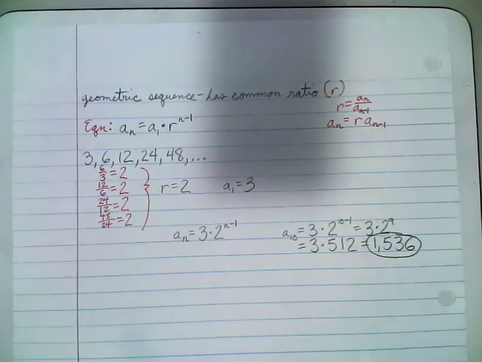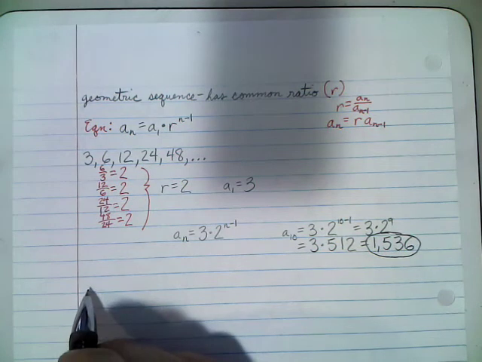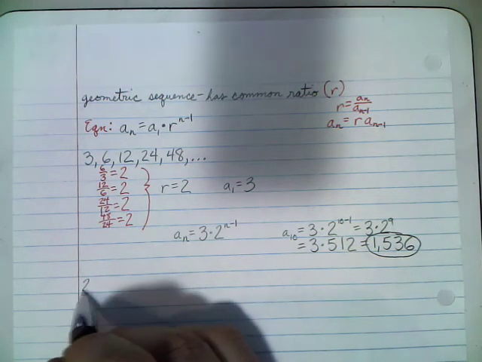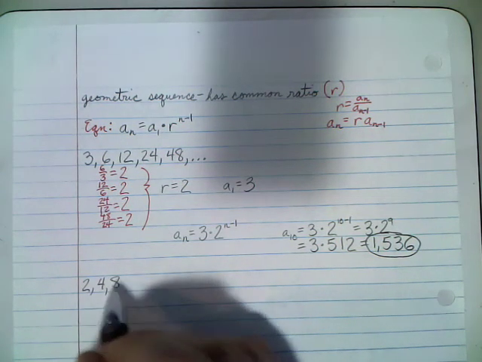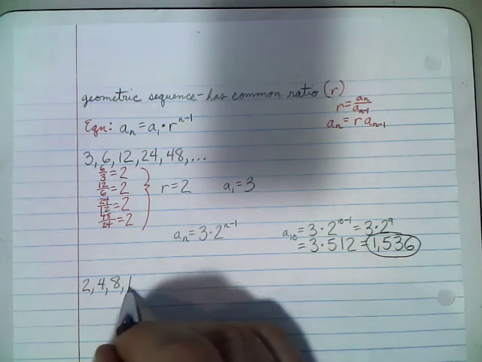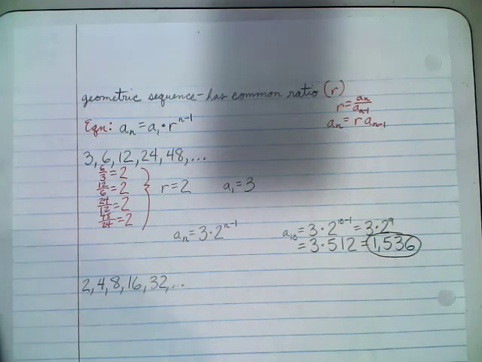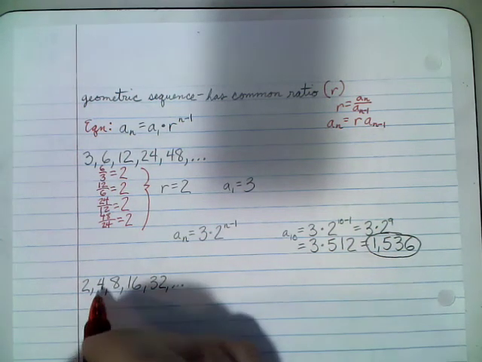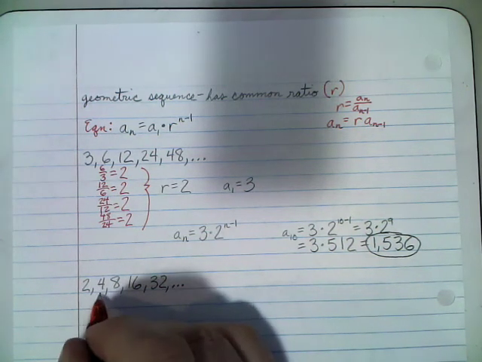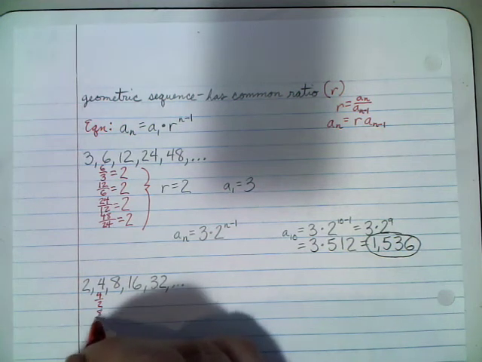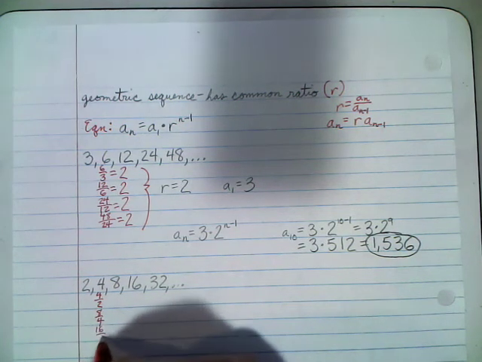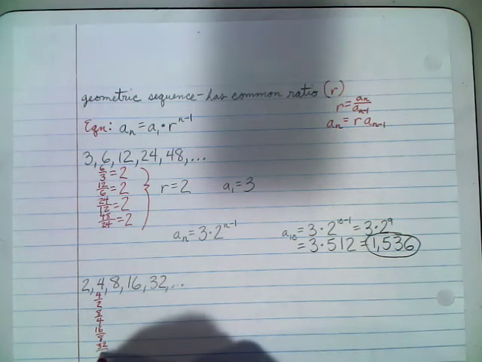All right, we're going to look at another example here. So for our next one, 2, 4, 8, 16, 32, and on and on and on. So same idea here, the term divided by the term before it. So 4 divided by 2, 8 divided by 4, 16 divided by 8, 32 divided by 16.